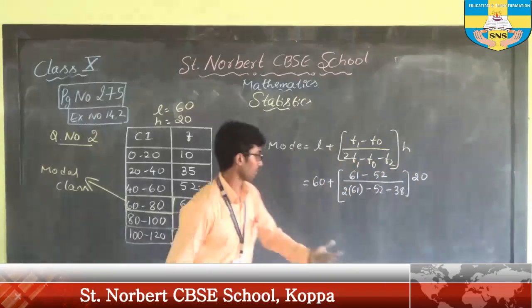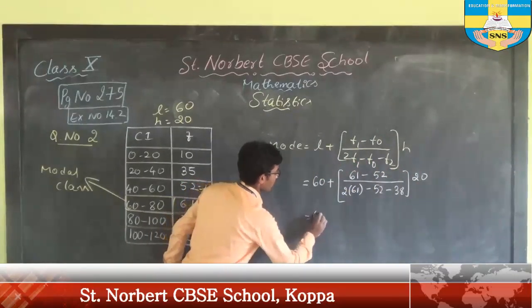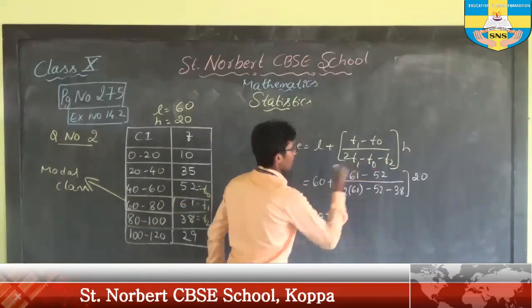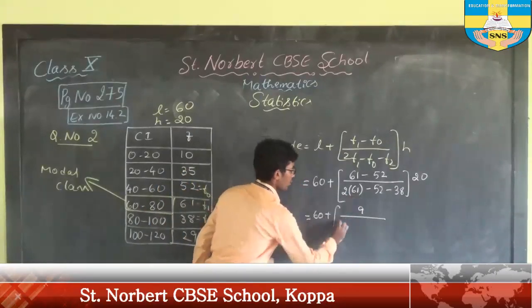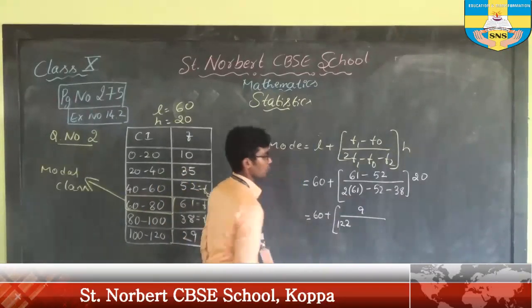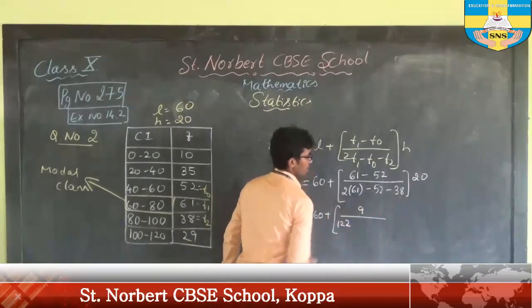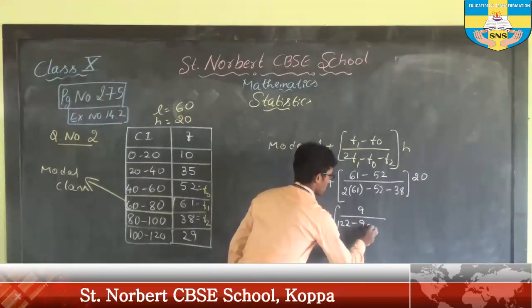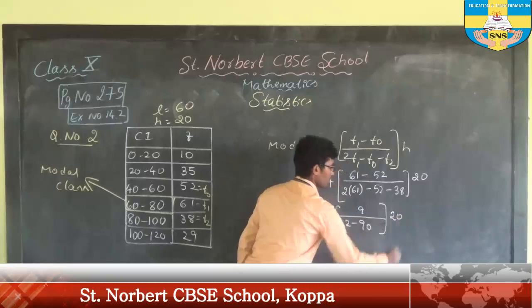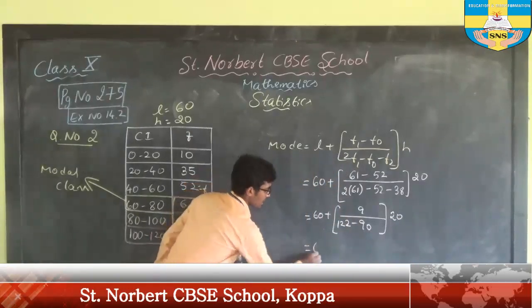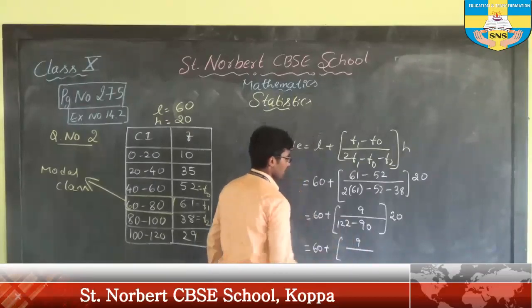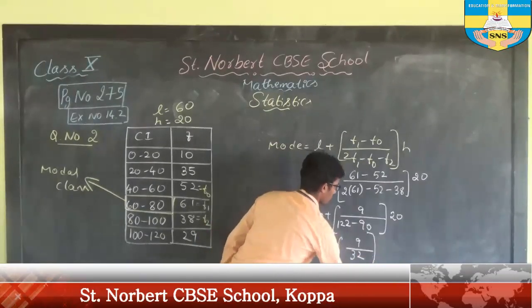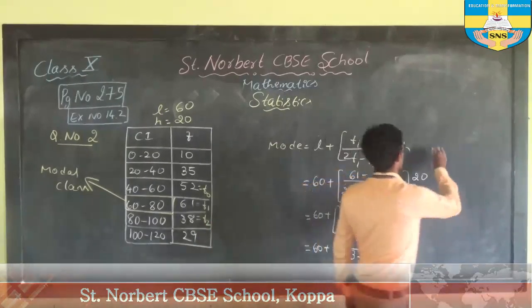Now do this calculation. 60 plus 61 minus 52, so that is 9. Then this is 122, then 60, 70, 80, 90, minus 90, into 20. Then 60 plus 9 divided by 32 into 20.